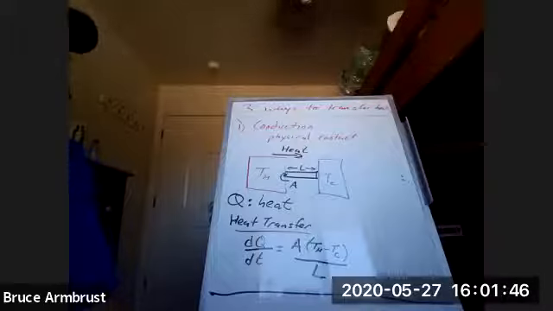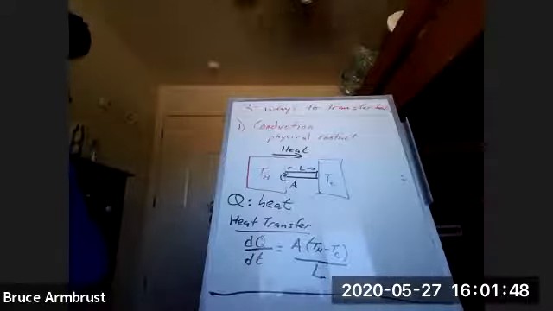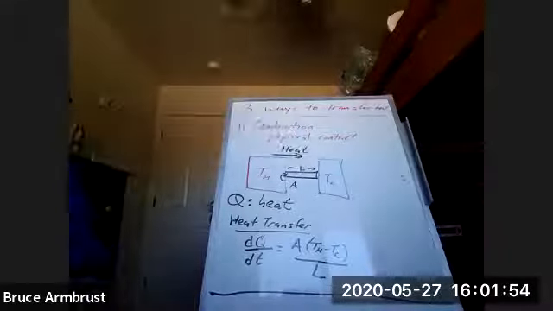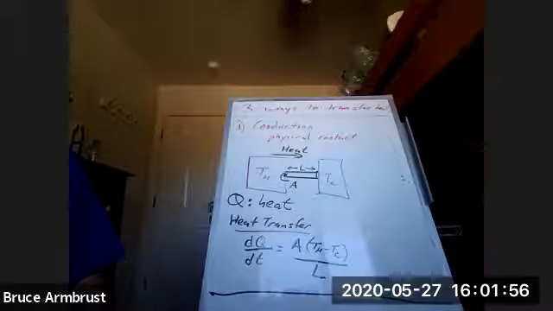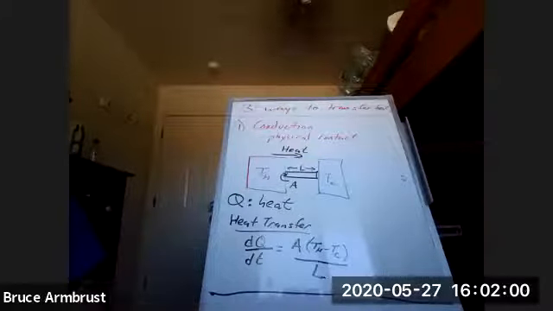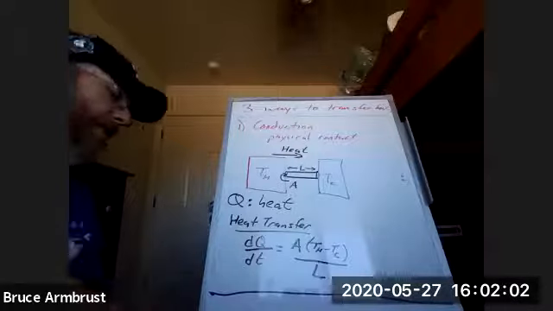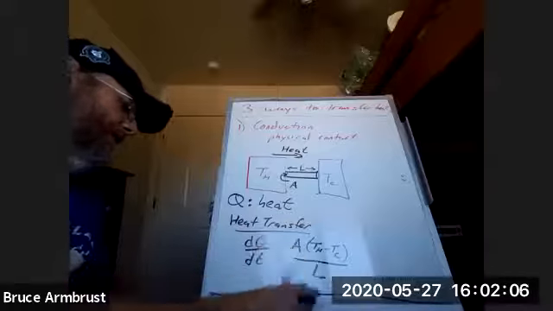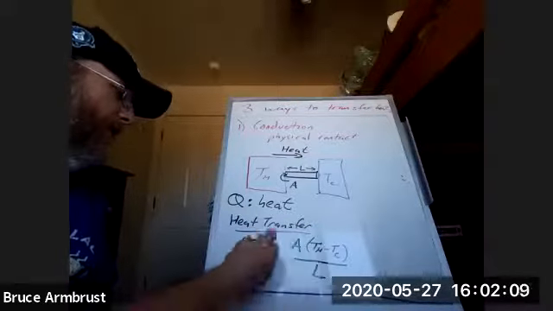Okay, so there's that A. And then there's one other thing that's going to matter, and that is, what is this material? How well does it allow this energy to transfer? So we have to put one more thing in here. It's just another proportionality constant.